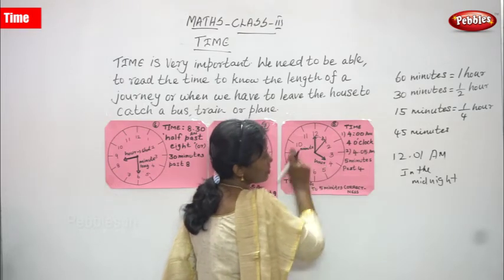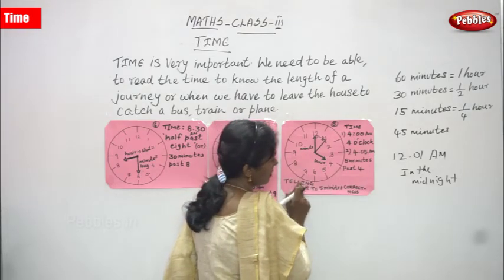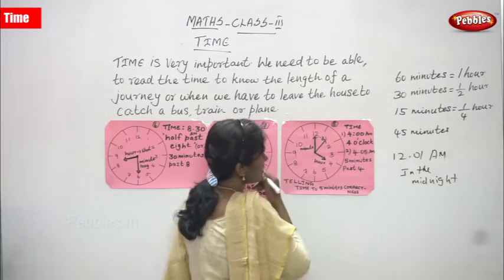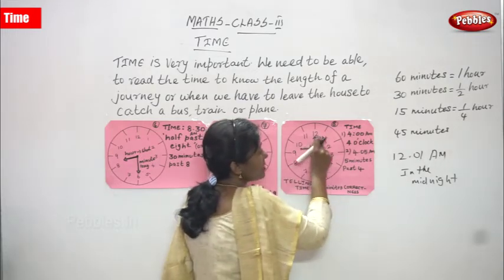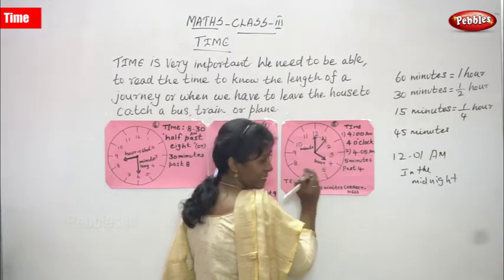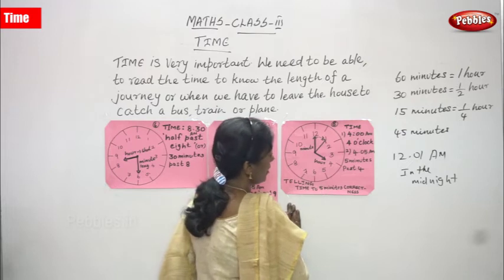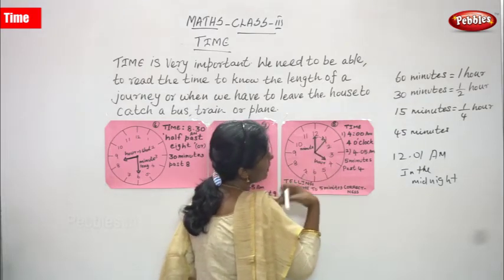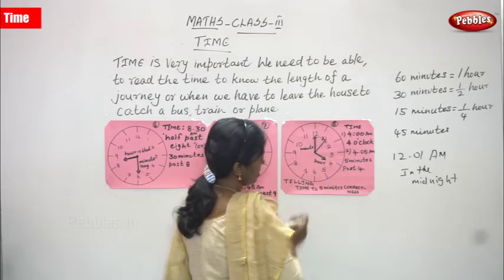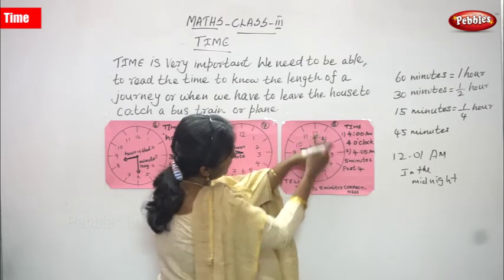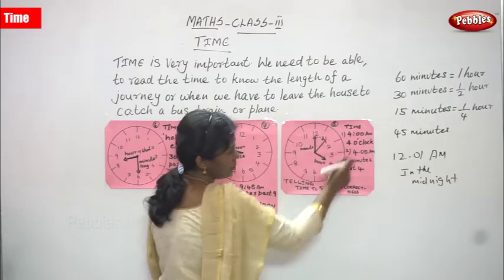Only the minute hand is moving, it keeps on rotating. First, if I hide this and look at the long hand and short hand, the time is 4 o'clock.